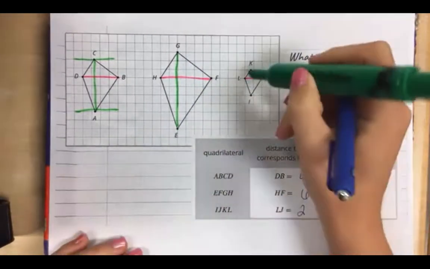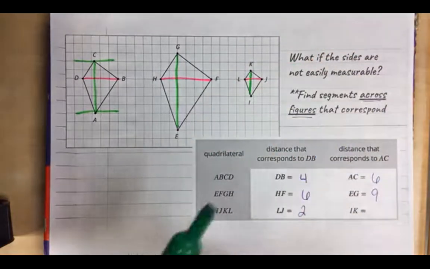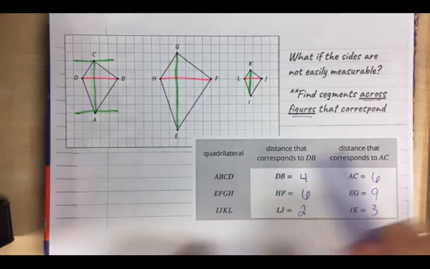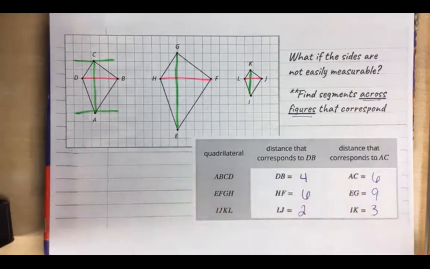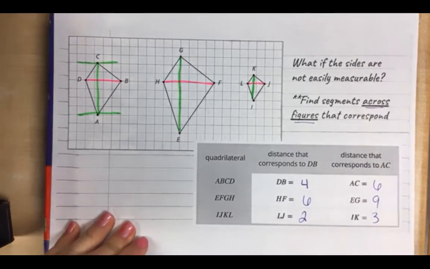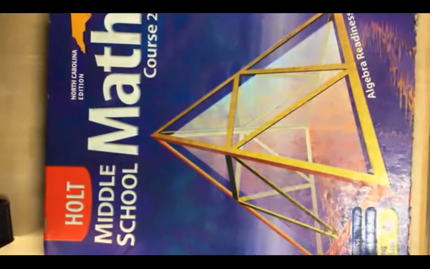And for KI, I've got 3. All right? So that's just a way you can measure it. And what we can do is then say, okay, are these proportional or scaled copies or not? But I just want to show you that because your activity tomorrow will have some that are not super easy. Okay? So let's go back to this.